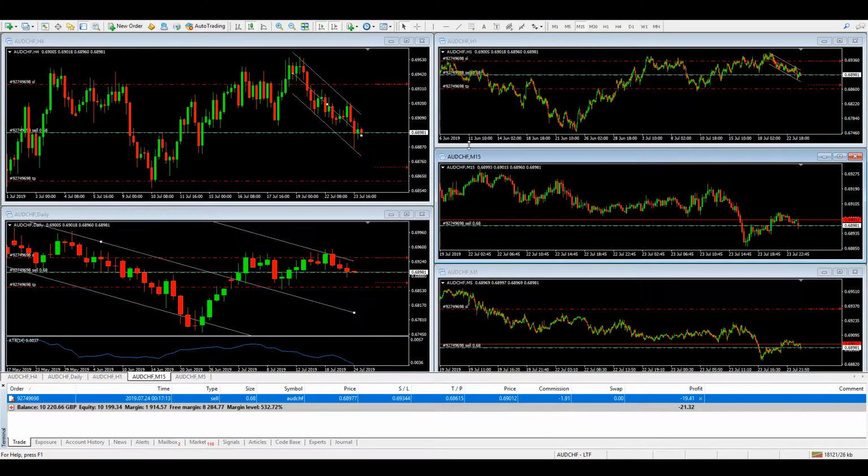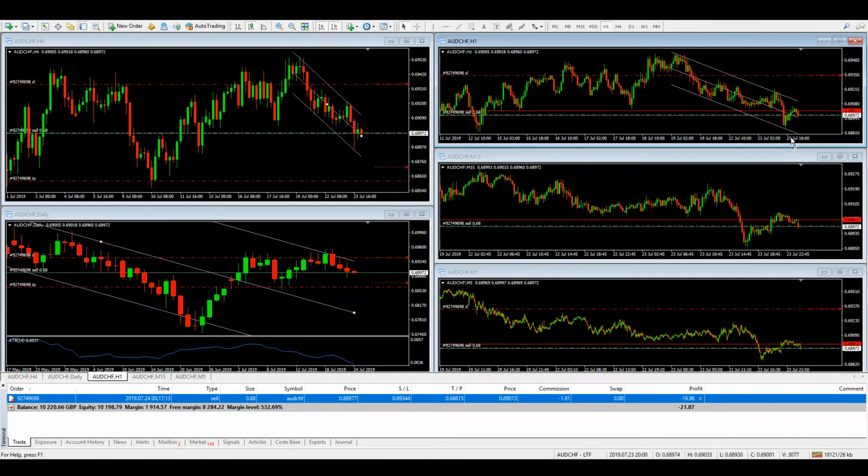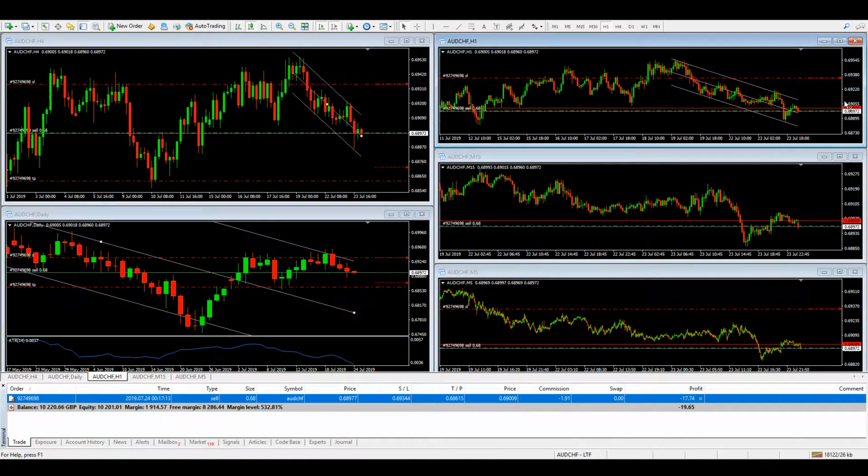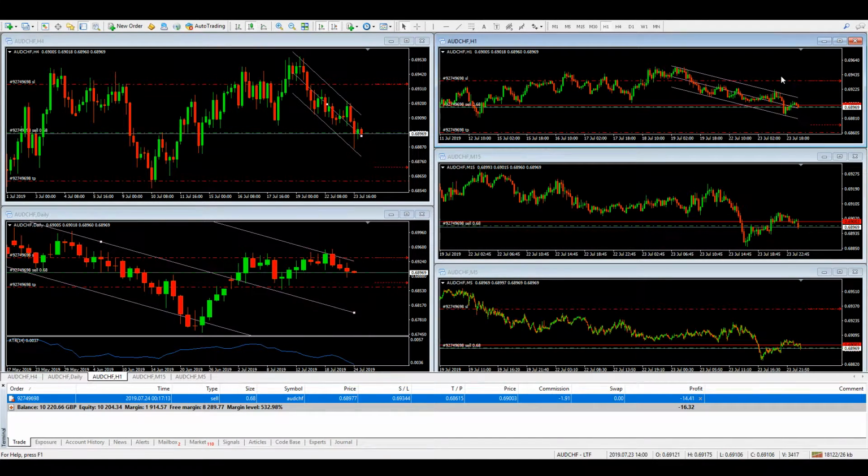All in all, we'll see how this one pans out. If I need to manage it, I will update you on how it's been managed. The total profit, if this comes to hit take profit, would be £200. The total loss on the table is £200, roughly, give or take.